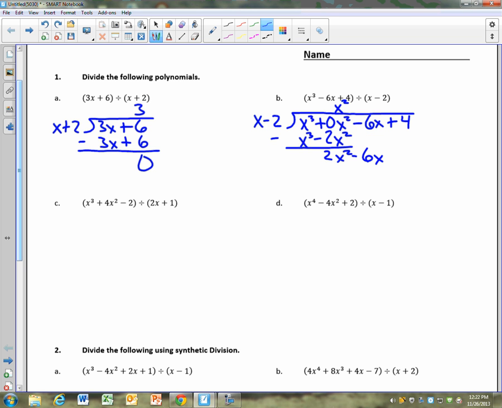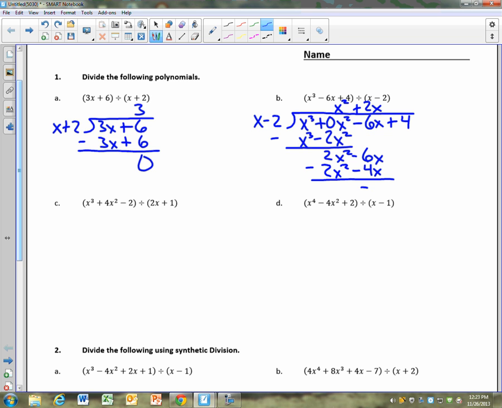What do you multiply x by to get 2x squared? 2x. Run the 2x through. 2x squared minus 4x. 2x squared minus 2x squared. Negative 6x minus negative 4x.